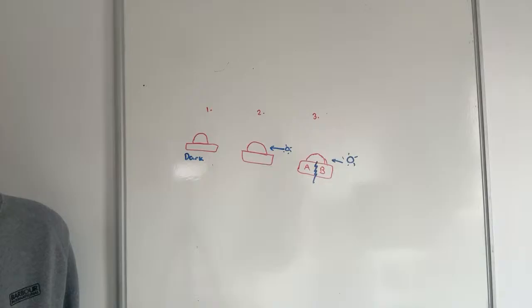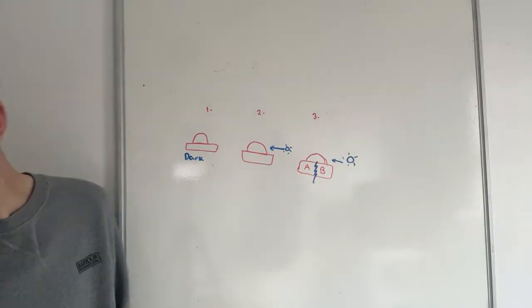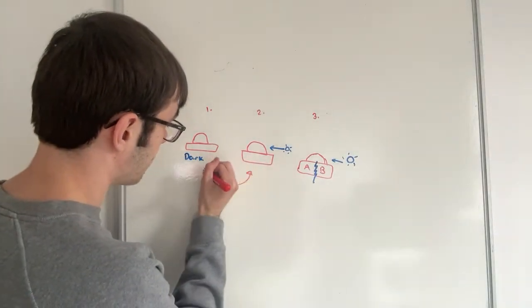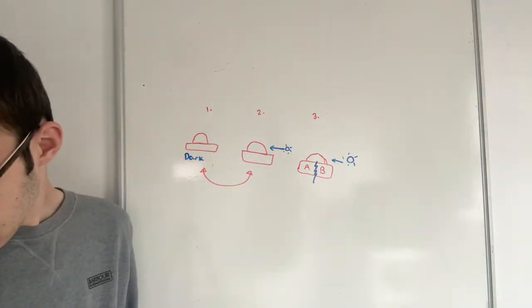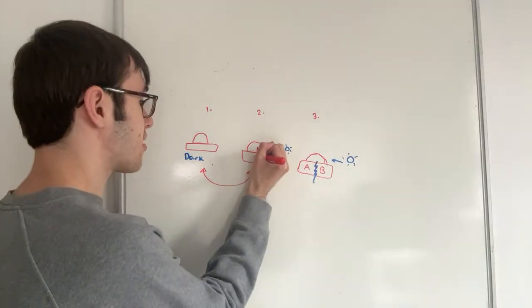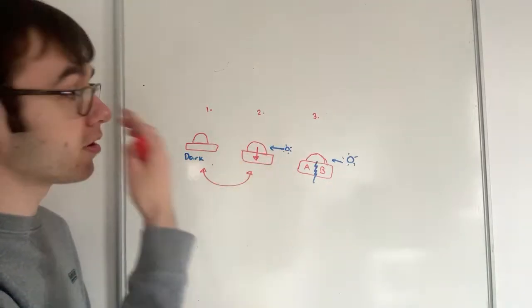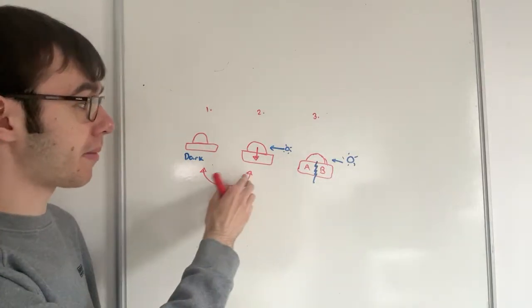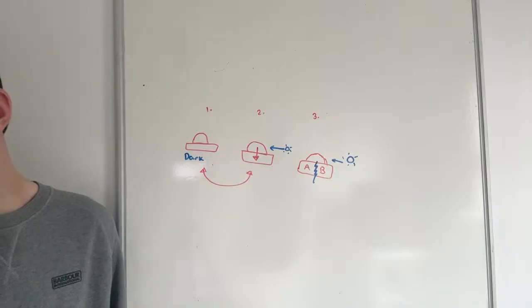So, the degree of curvature for 1 and 2 are roughly the same, which implies that the tip produces IAA regardless of light intensity. It produces it in the dark, and it produces a similar amount in the light.